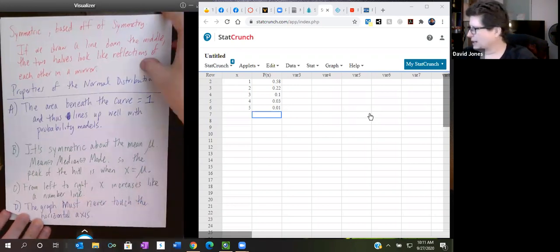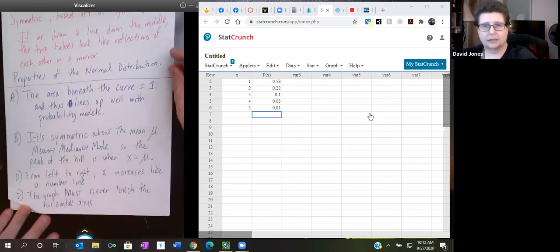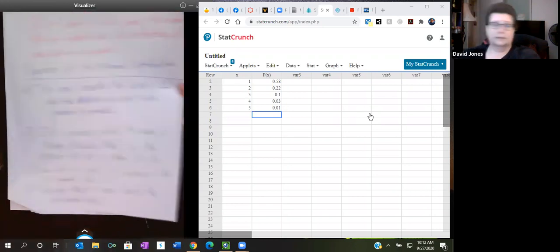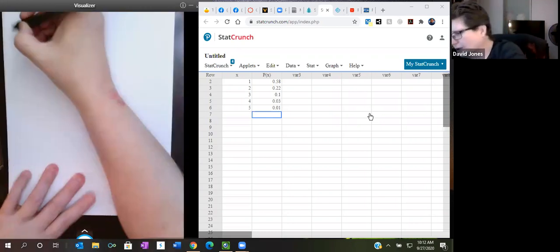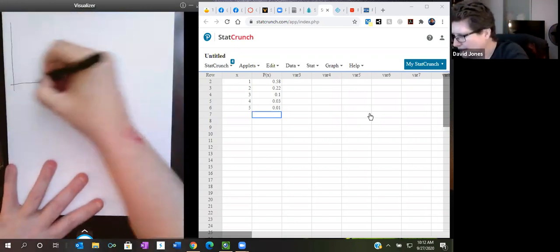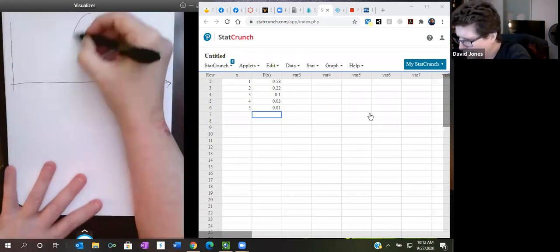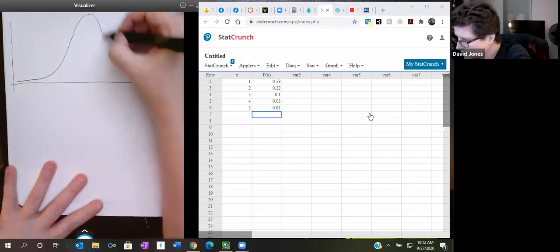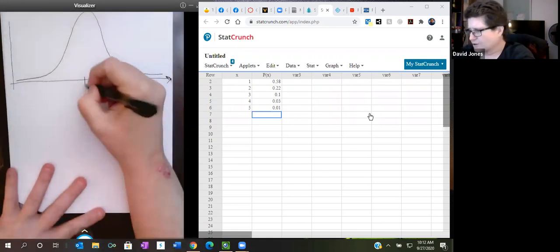I'm going to redraw that on the next screen and illustrate it. If we've got our graph like this, the horizontal axis is the flat line at the bottom, and we've got our bell-shaped distribution. There's our mean.